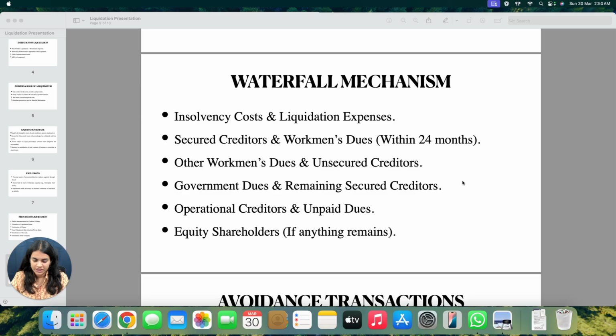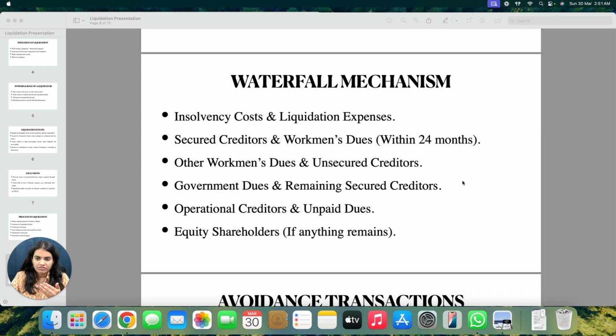The secured creditor is also required to state that such and such an amount is expected to be realized from that asset. Supposing there is a land that is worth 10 crores, the secured creditor will state that this is the amount we expect you to realize, and instruct the liquidator to find a buyer for such an amount.